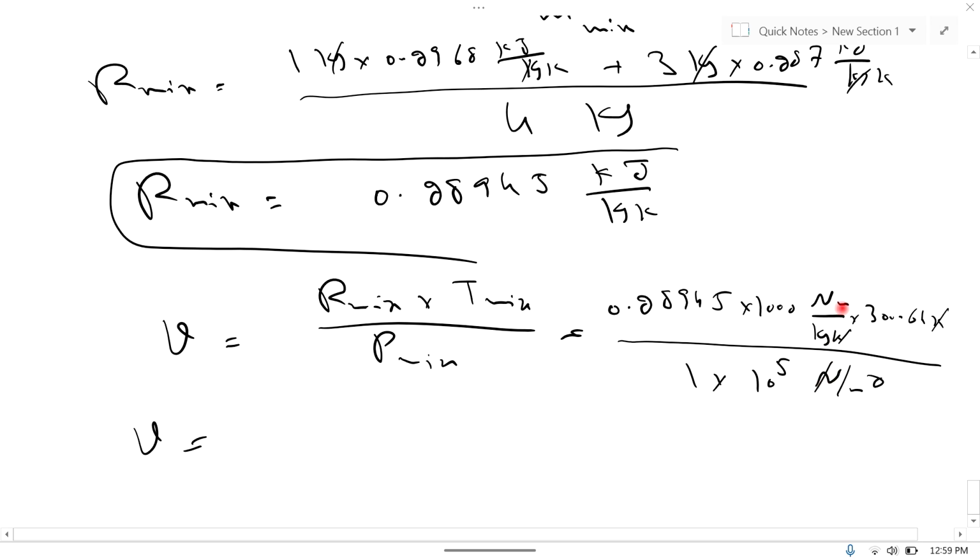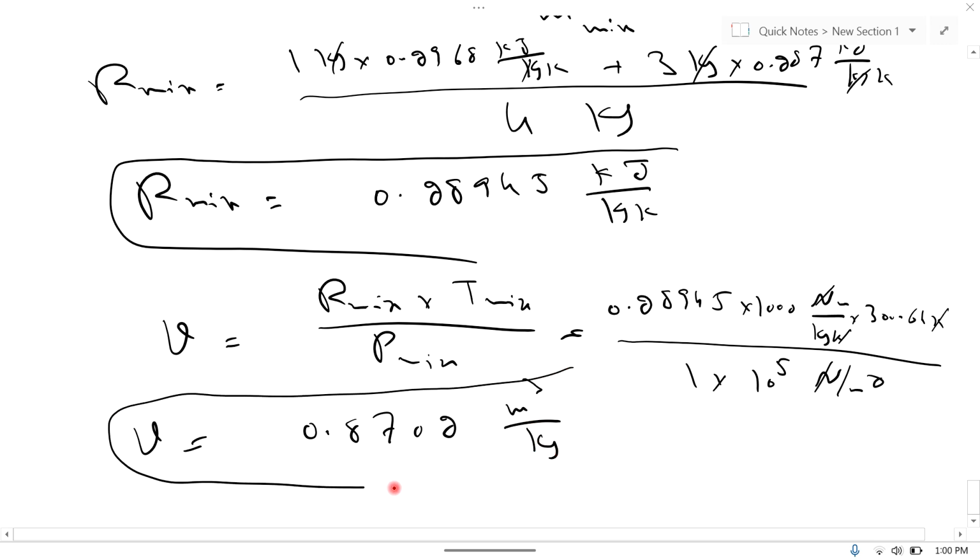From this, Newton will be cancelled with Newton, and the final answer will be meter cube per kg. This meter square, and this meter is meter cube, and this is per kg. So final V is equal to 0.8702 meter cube per kg.